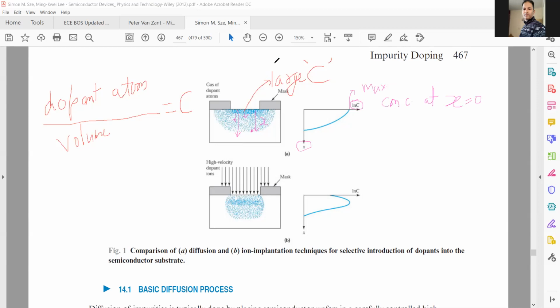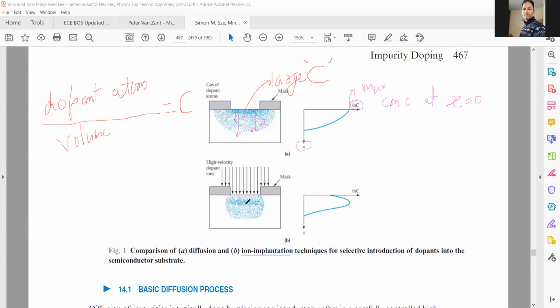We can have another method of doping, which is called ion implantation. We will be discussing this topic in detail, but for now you can understand it this way: we have ions which are accelerated and given sufficient kinetic energy such that they can penetrate into the surface of the silicon or semiconductor, and reach the depth where we want those ions to be present.